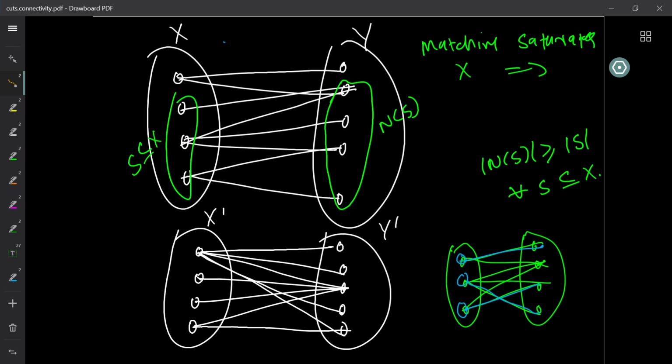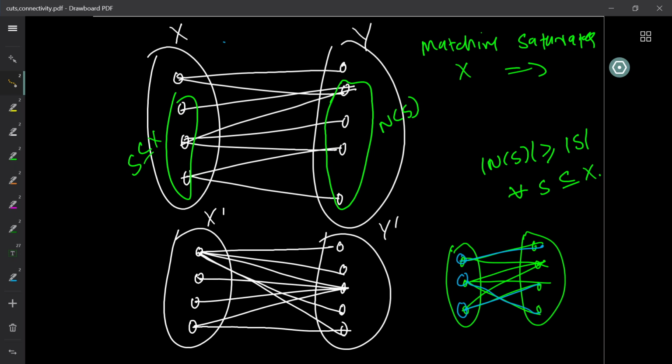Why is this? Because all the vertices of the subset S are saturated by matching edges. Whatever matching edges we choose will all be at different vertices, because the matching edges are all disjoint. Therefore, for each vertex you have a corresponding vertex in the neighborhood of S. There could be more.